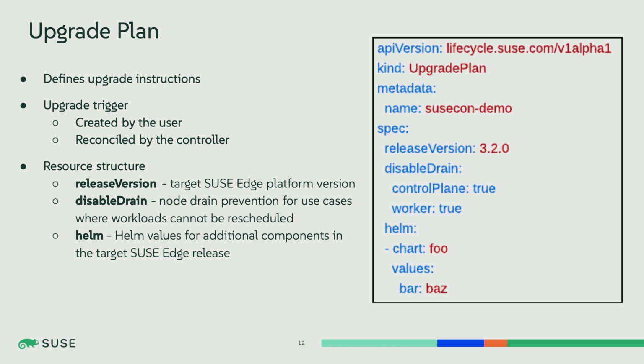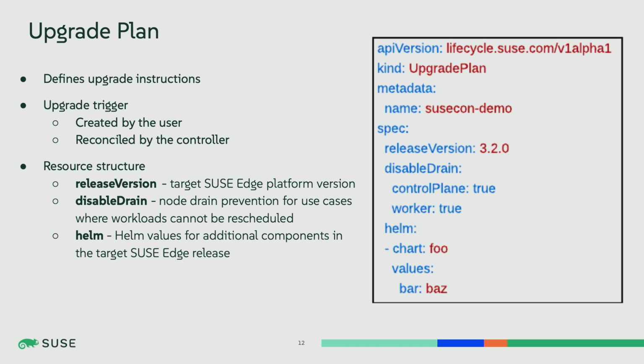On the right, we see the full upgrade plan as of this moment. The only mandatory property here is the release version, which directly relates to the release manifest. How it relates to it, I will explain in the next slide, but for now, we'll leave it at that.